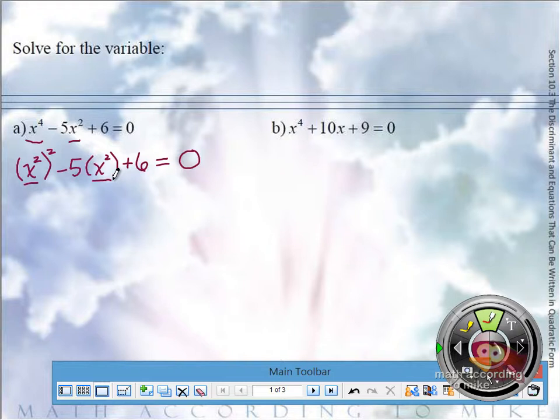Then you have an equation quadratic in form. So again, if one exponent is twice that of the other, and something is being repeated, you have an equation quadratic in form. It has to be both statements must be true.